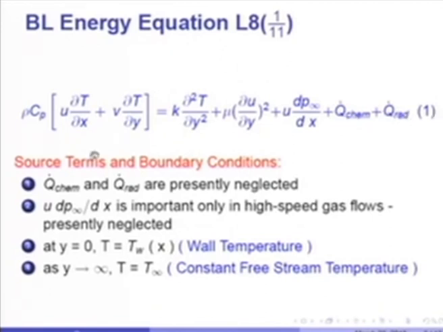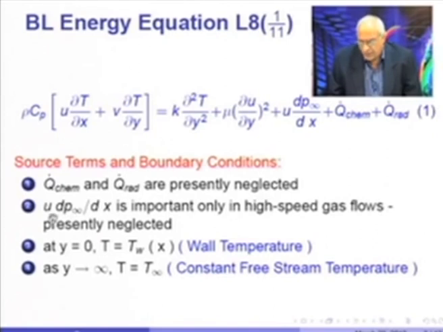For our purposes presently, we shall ignore Q dot chem and Q dot rad. As we said earlier, U dP infinity by dx is important only in high speed compressible gas flows, and therefore, is presently neglected. So, the last three terms are neglected because we are largely dealing with uniform property incompressible flows.